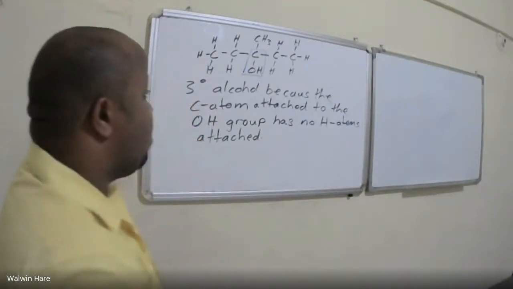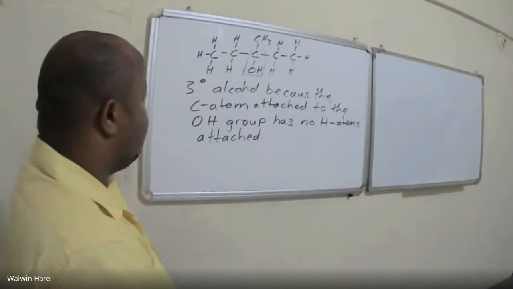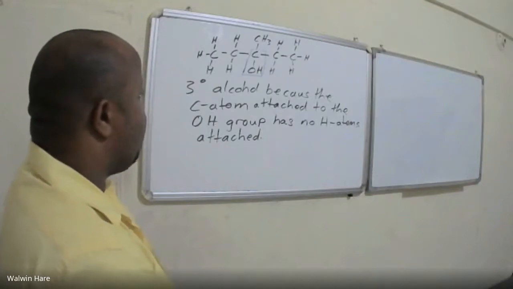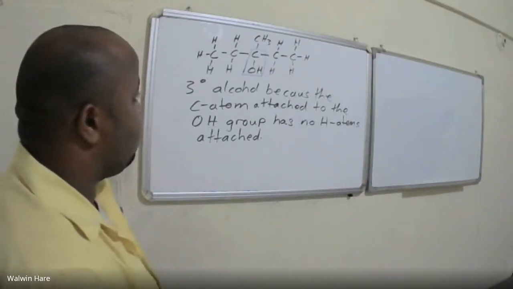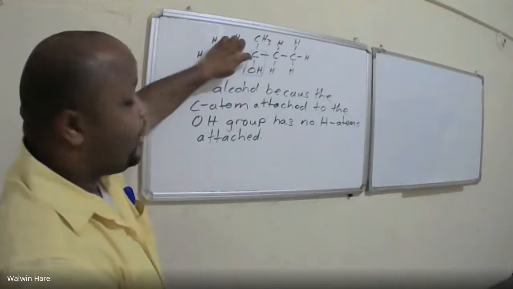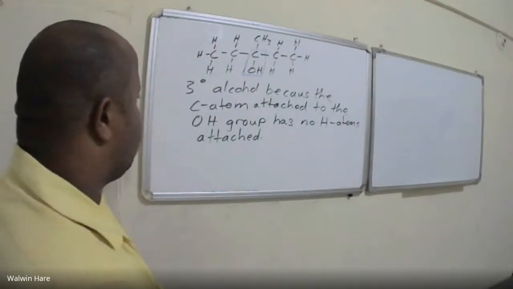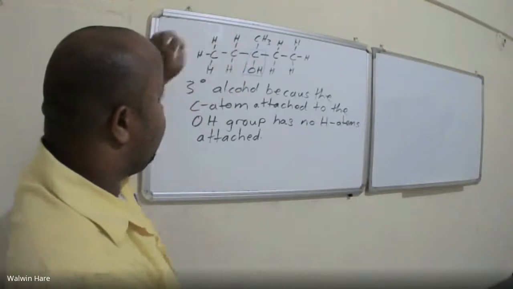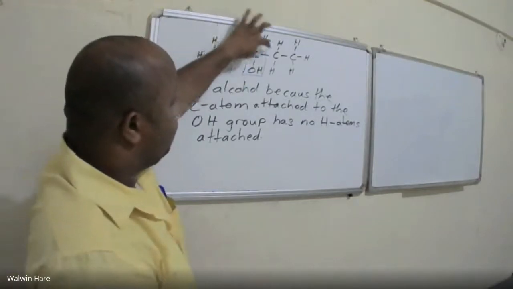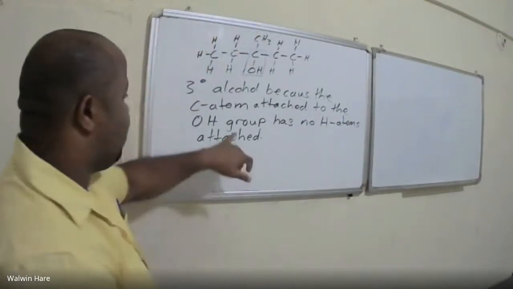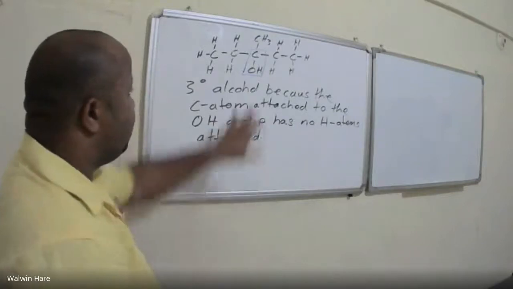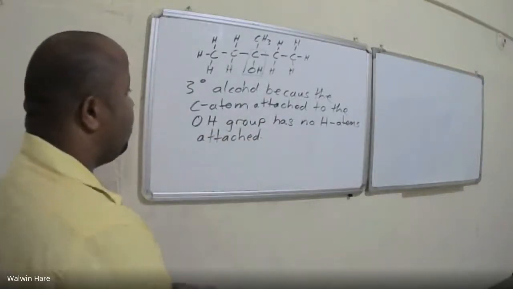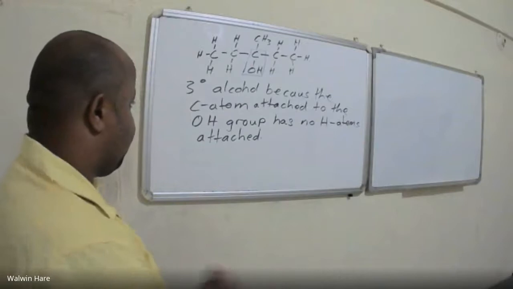And that is why they are not oxidized, right? If you notice with secondary and primary alcohols, the carbon with the OH will have a hydrogen attached. The tertiary alcohol has no hydrogen attached to it. As you can see, 3 carbons, but I prefer to look out for hydrogens. So no hydrogens are there, it is a tertiary alcohol.